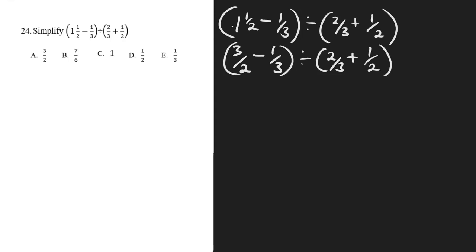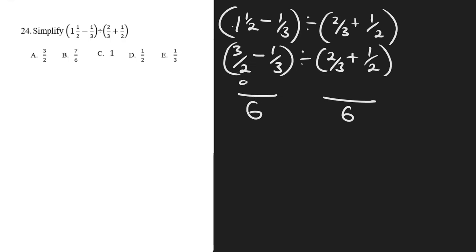So since the denominators are different, open the brackets up, deal with each bracket individually. So we find the LCM. The LCM of the denominators 2 and 3 will be 6, or simply multiply the denominators. The same thing here will be 6. So 6 divided by 2 is 3, and 3 times 3 is 9.